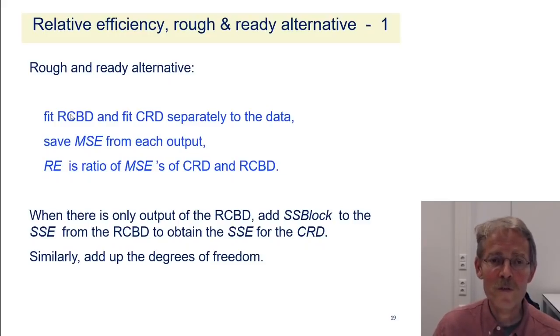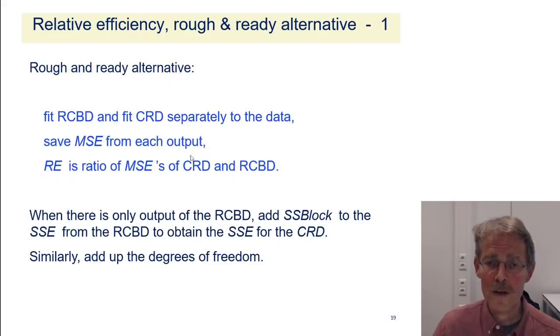What you do is you fit both the randomized complete block design and the completely randomized design. So you take your data and you fit a model with the blocks and a model without. The model without is just a model with the treatments. That's the one-way ANOVA. And the model with the blocks is, of course, the blocking analysis that we are discussing now. From each of the two fits from R, you save the mean square error and you take the ratio of the two.